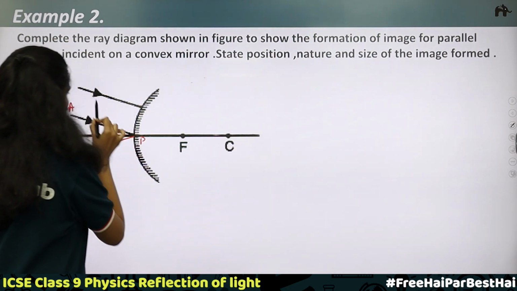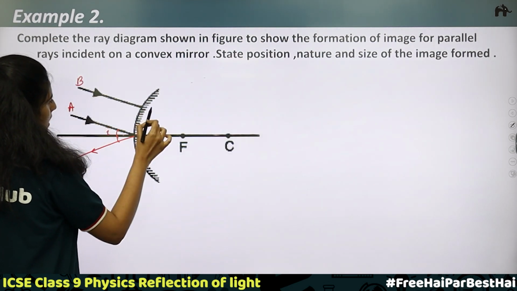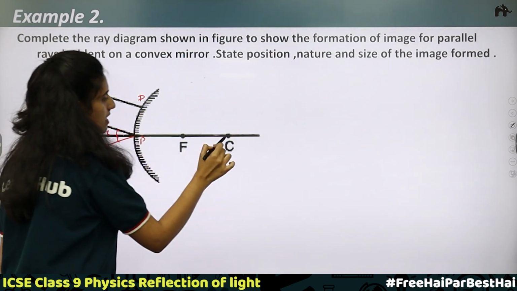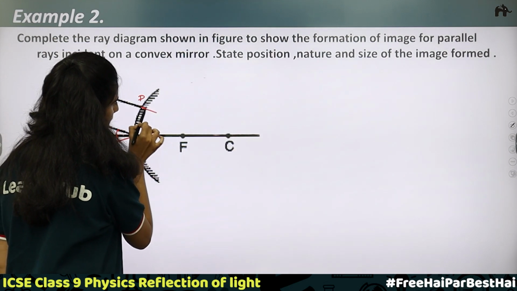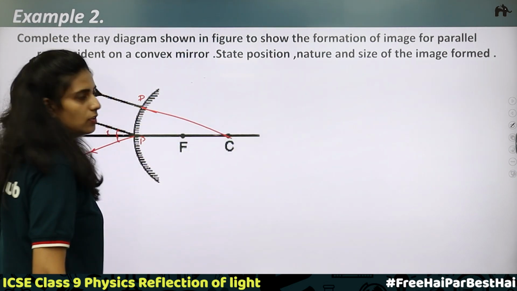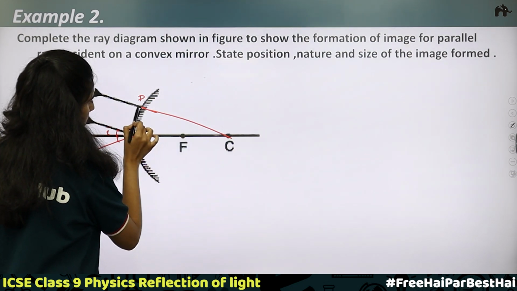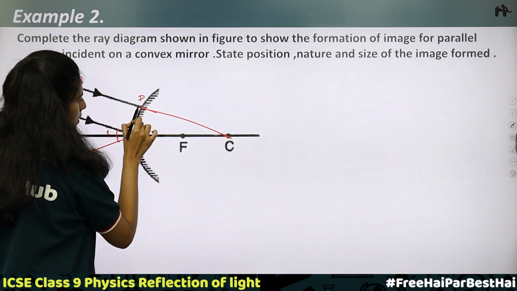Now the second case. This is the next light ray, let's say B, D. D is the point of incidence. The point of incidence and center of curvature are considered, and a straight line is drawn. This line will be the normal.